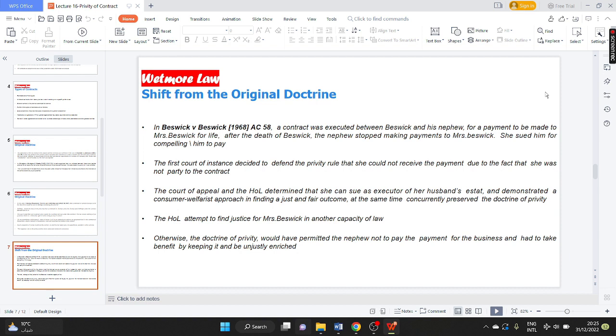The House of Lords attempted to find justice for Mrs. Beswick in another capacity of law. Otherwise, the doctrine of privity would have permitted the nephew not to make the payment for the business and to take benefit by keeping it and be unjustly enriched.